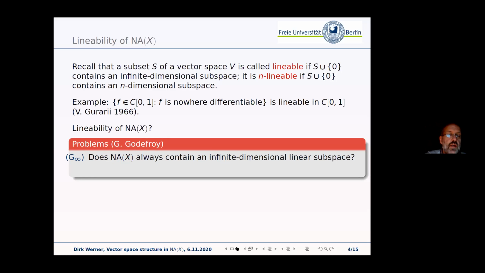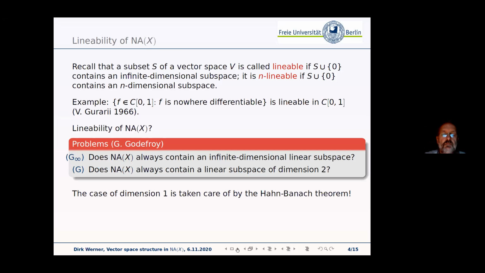One can even ask a more modest question by asking for a subspace of dimension 2. There was no progress in the first 10 years after Gilles asked this question, so it was likewise unanswered. Of course, we don't have to ask about dimension 1, because there always are such functionals.